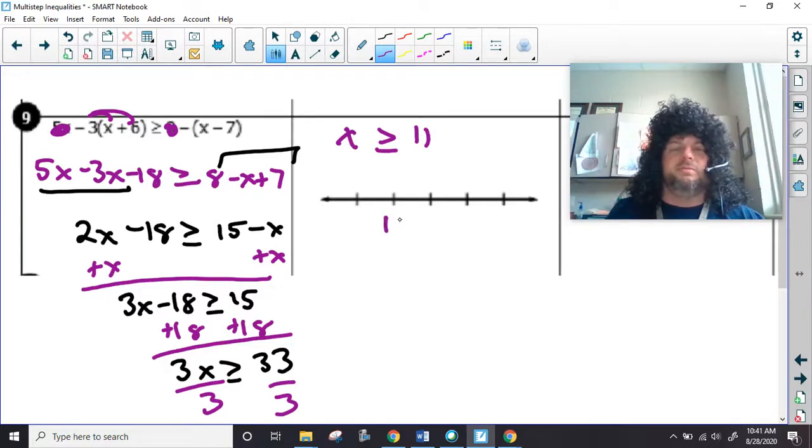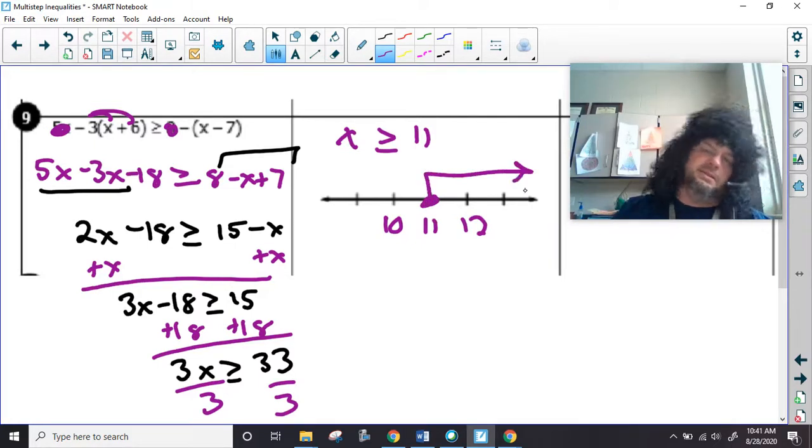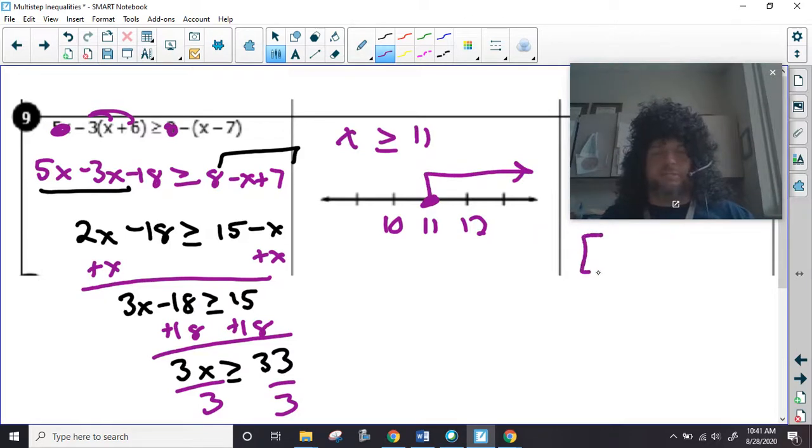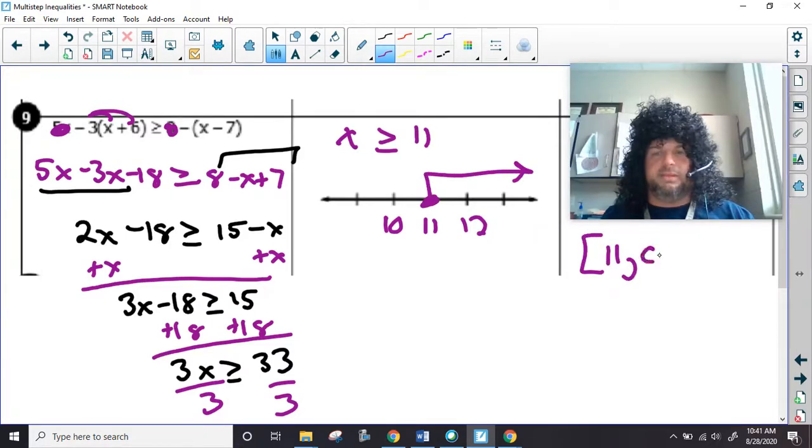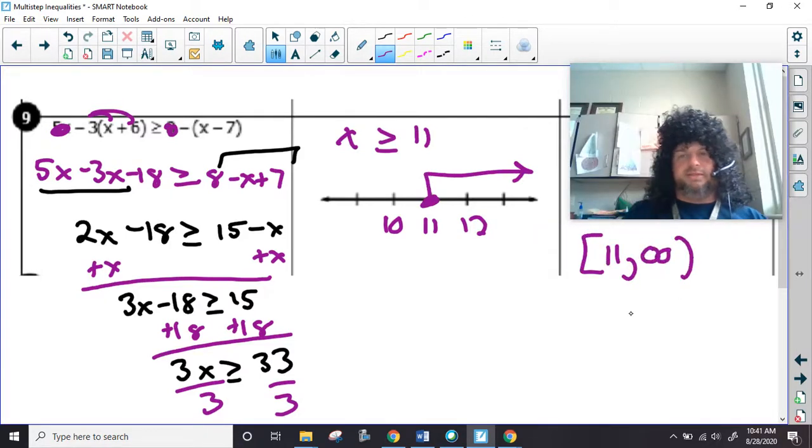Okay, so this is a closed circle. It's greater than, so it's going to go again to the right. So as we read, this is a bracket and positive infinity with a parenthesis.